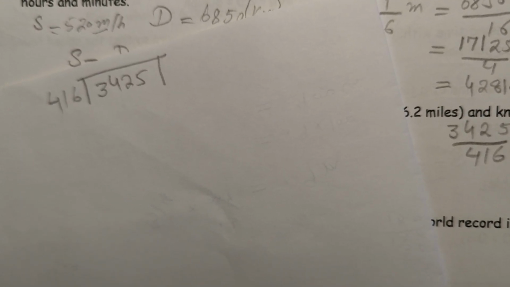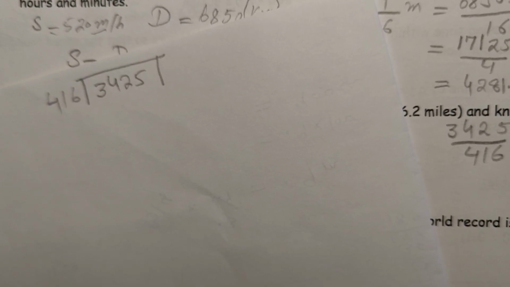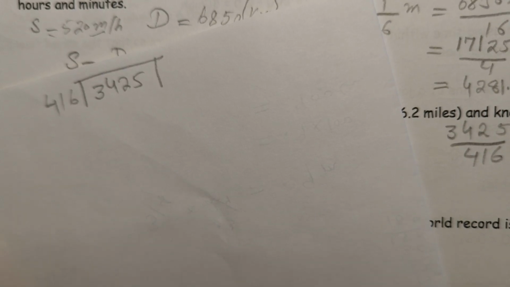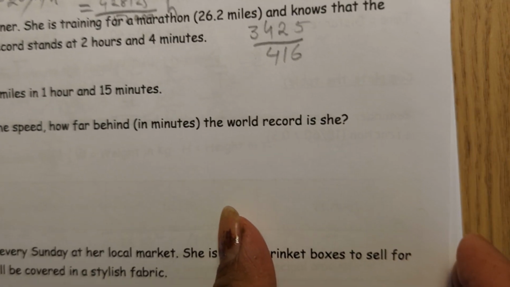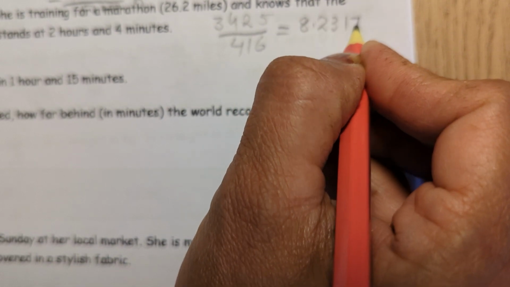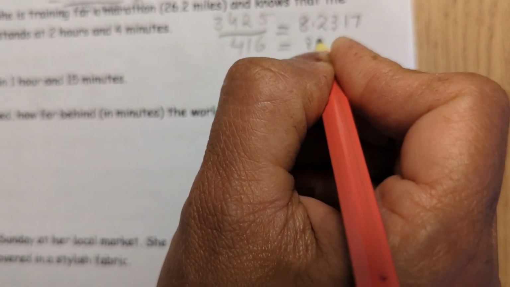We will simplify this using a calculator, or you can divide it. 3425 divided by 416. Your answer will be 8.23, or 8.2317 if you round off.